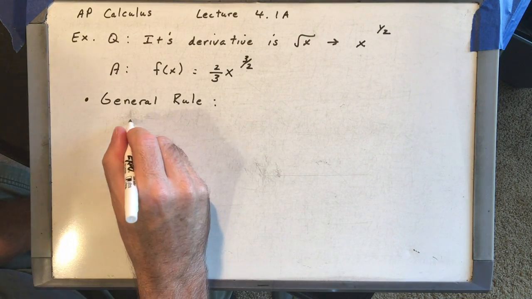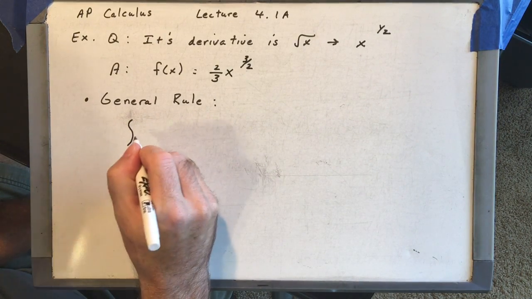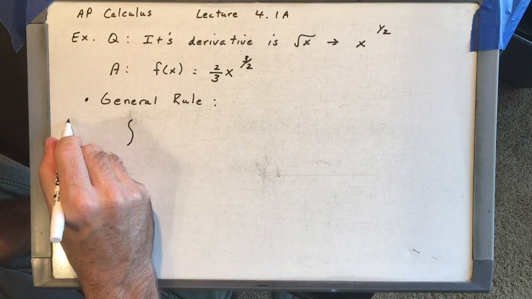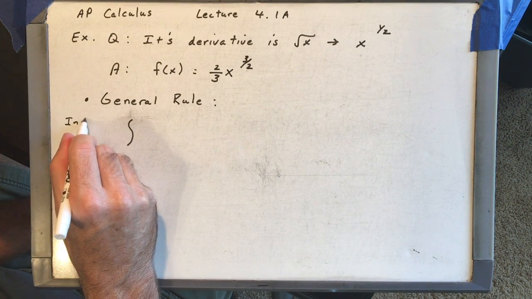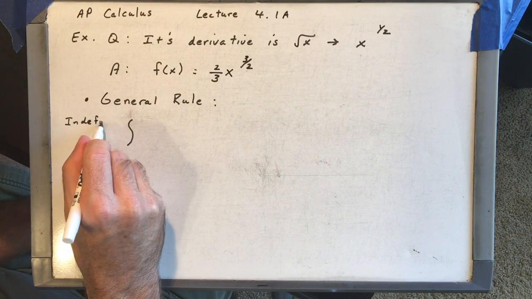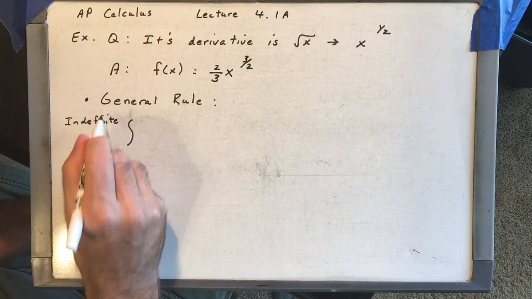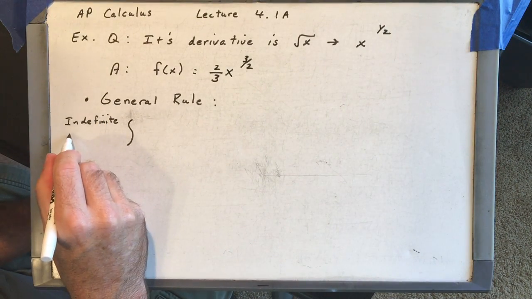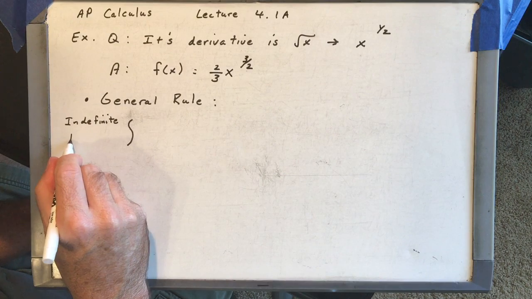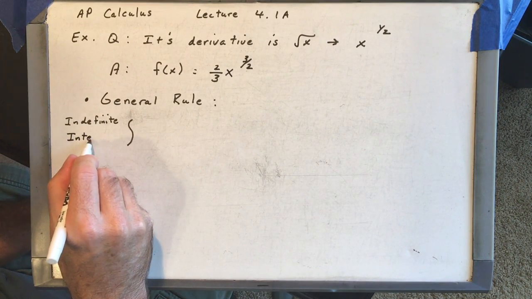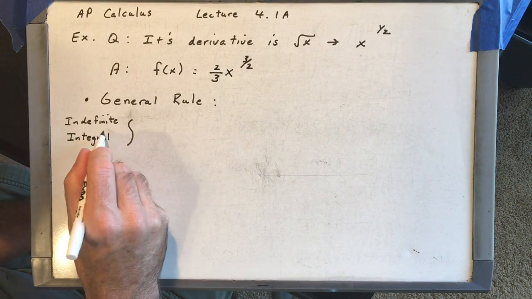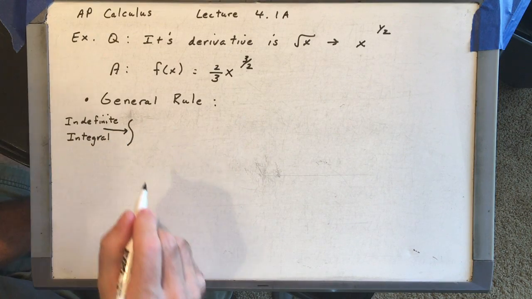Okay, and I'm going to introduce a new symbol. It's this real skinny S. Okay? We call that an indefinite integral. So we're going to have a definite one in a few days. So that skinny S thing is called an integral.